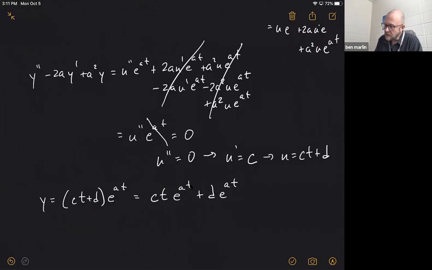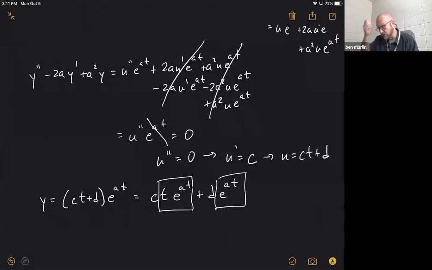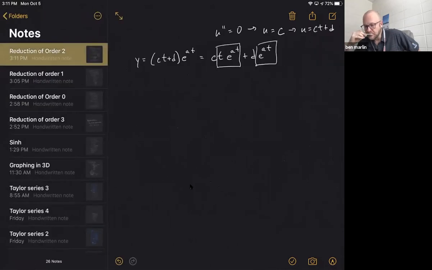If you only need a second linearly independent solution, then you just pick c to be 1 and d to be 0. But if you want the general solution, then it's sitting there, okay? So, yay! This reduction of order technique is actually the reason why we have that setup of what to do with the multiplicities.